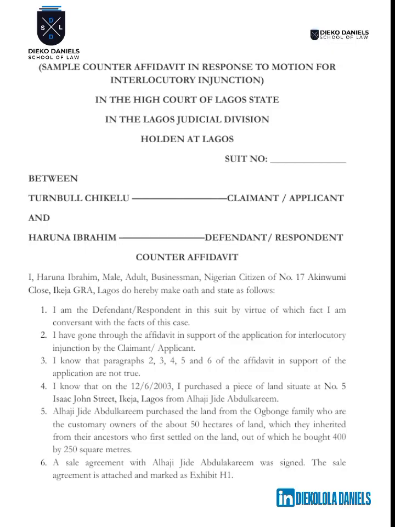What are those paragraphs doing? Because it's a counter affidavit, you are supposed to go against the depositions, the facts in the main affidavit that you are responding to. That is number 1. Number 2, you are supposed to add your own new additional information. Do you understand that? And for every paragraph, it should contain just one information.